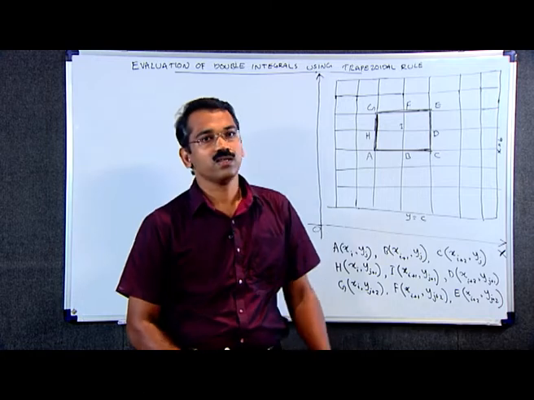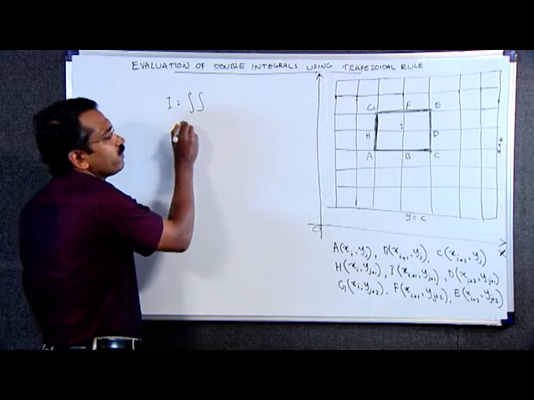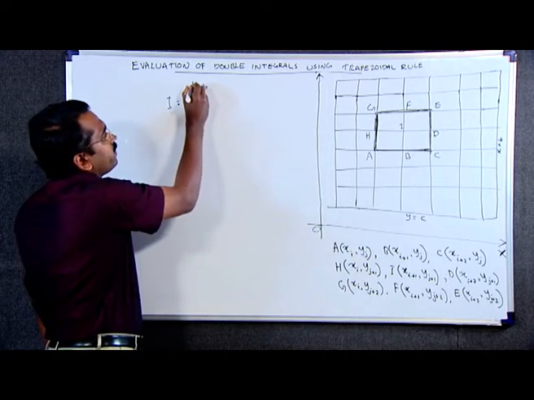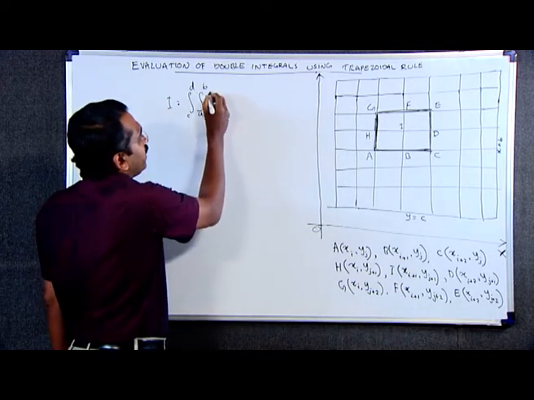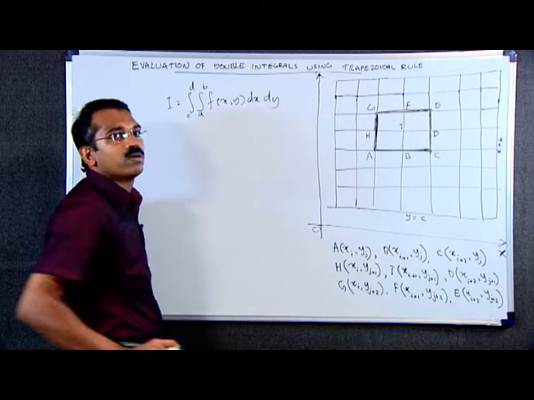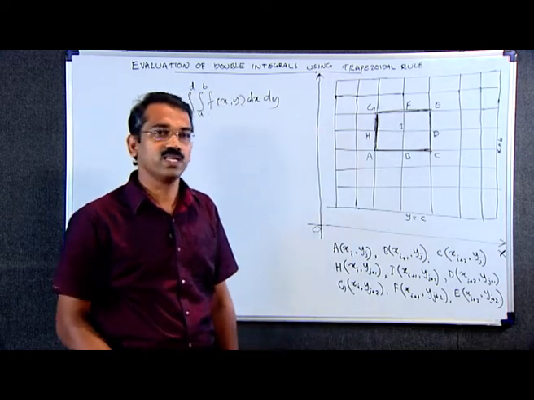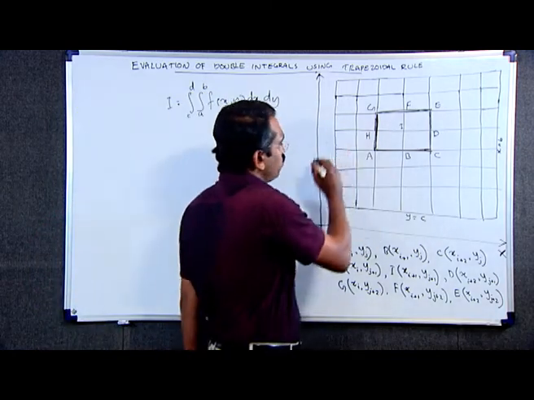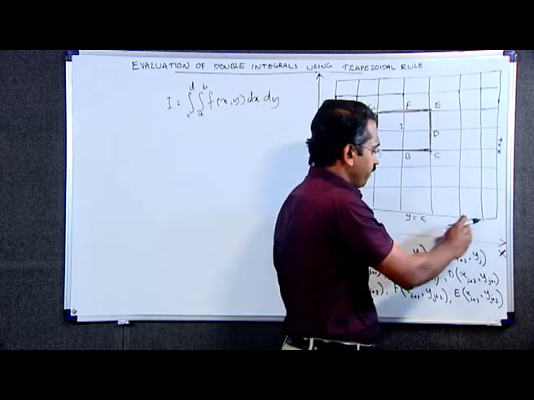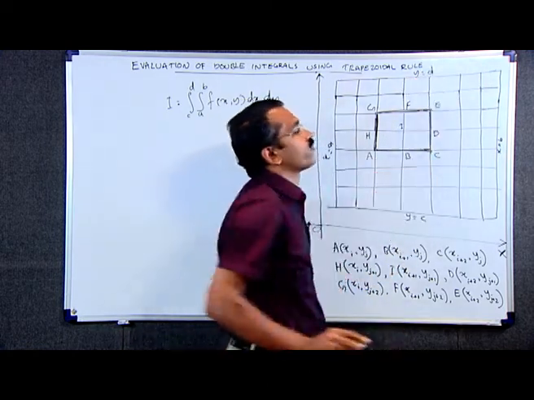Let us consider the double integral I equal to the double integral from a to b and c to d of f of xy dx dy, where the region of integration is the area bounded by the lines x equal to a, x equal to b, y equal to c and y equal to d.